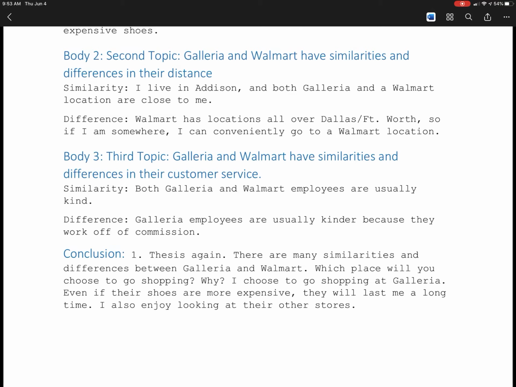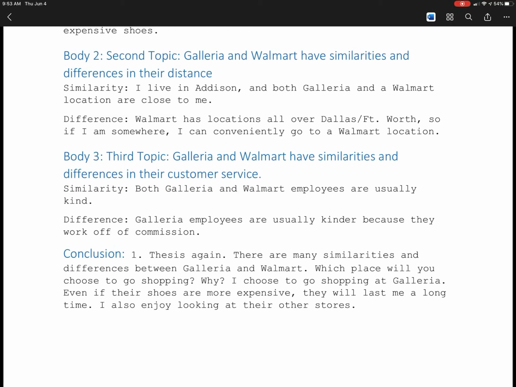In both places, I've seen some helpful people, and in both places, I've seen some people that haven't been helpful. But here's my difference. Overall, I think Galleria employees are usually kinder or more helpful because they can work off a commission and maybe make a little bit more money if they sell the shoes.